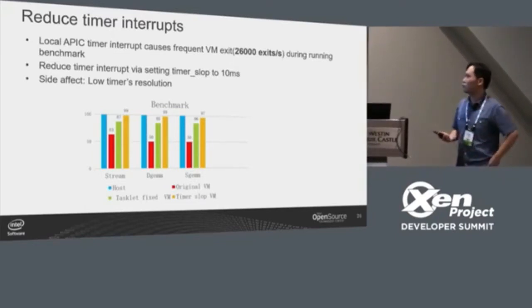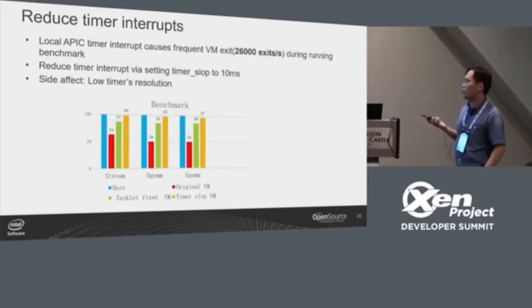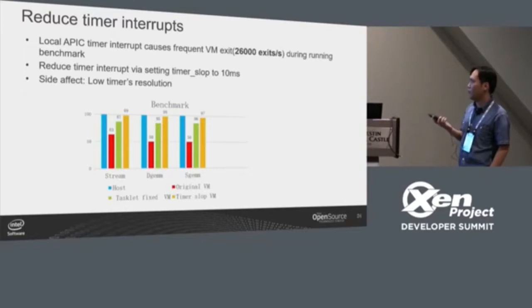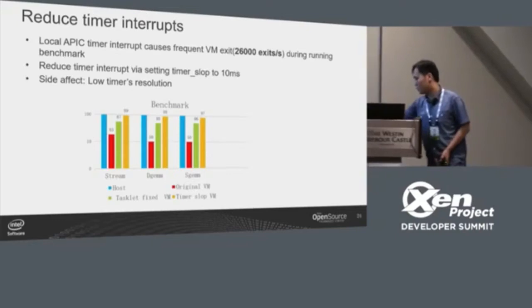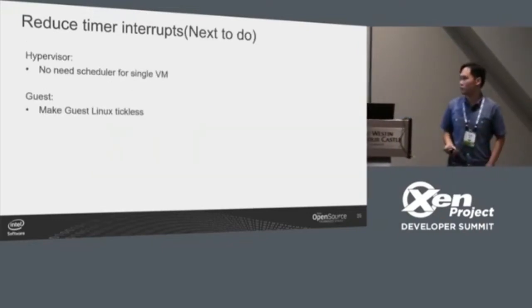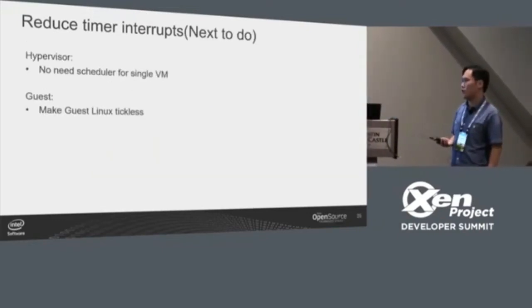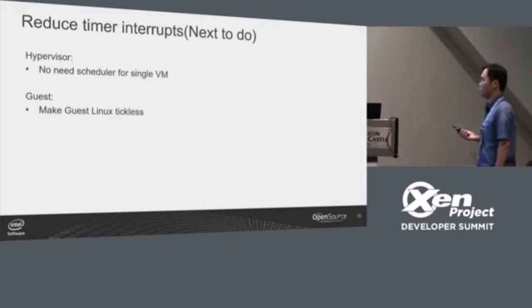So we can achieve high performance, but this way has side effects. We have a lower timer resolution. We still try to find some trade-off solution between the timer resolution and the performance.